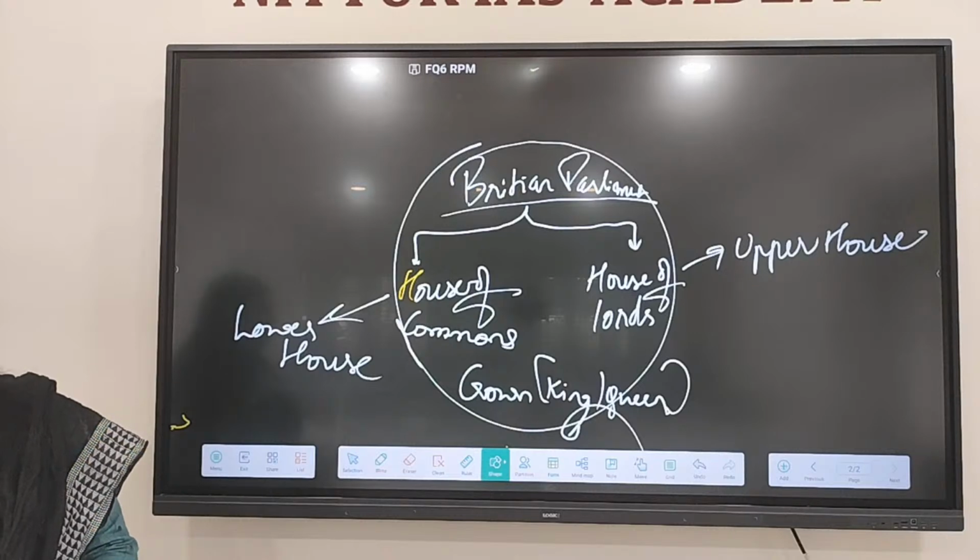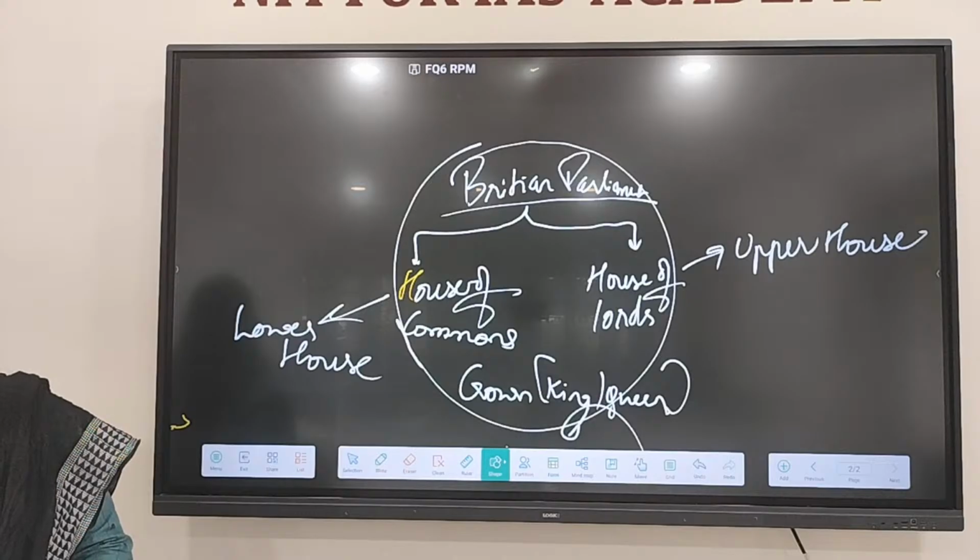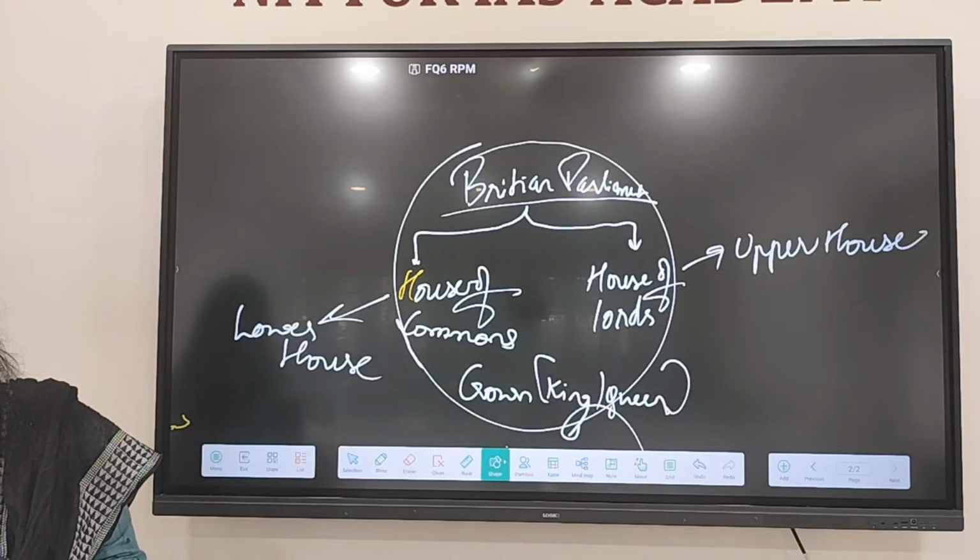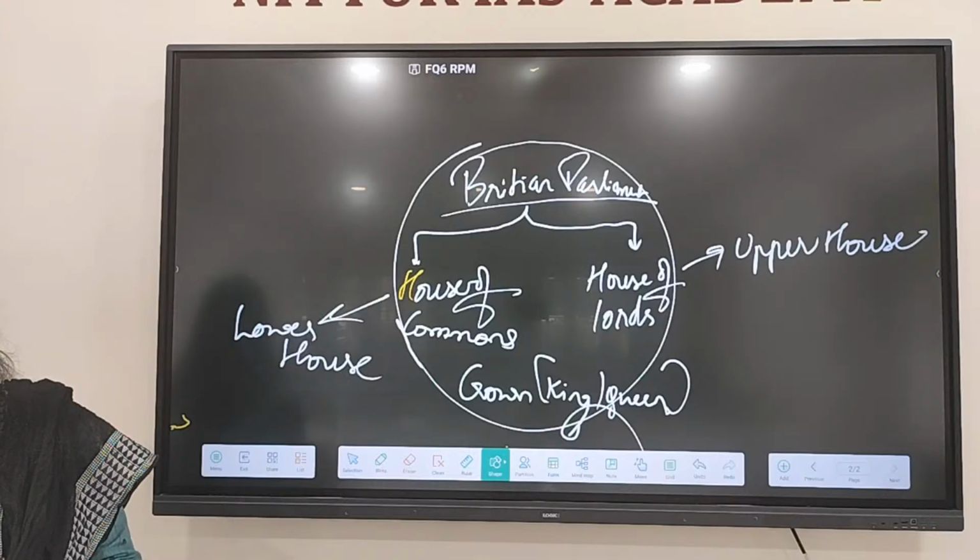Who is the king and queen of the British Parliament? Without them, they can't make laws there. Do you know who they are?